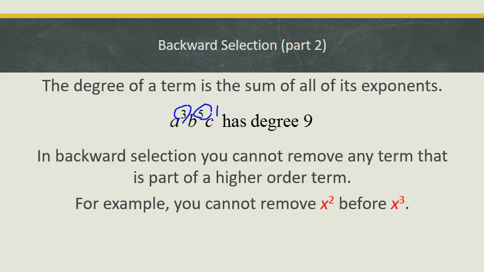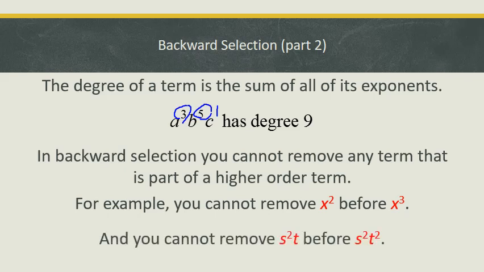And by that, I mean that x squared could be multiplied by x to make x cubed. And we also could not remove the interaction variable s squared times t before s squared times t squared. With this new rule for backward selection, let's see how our model does.